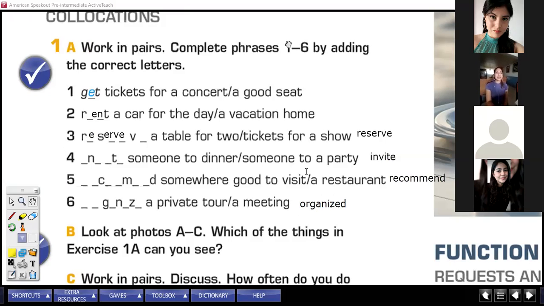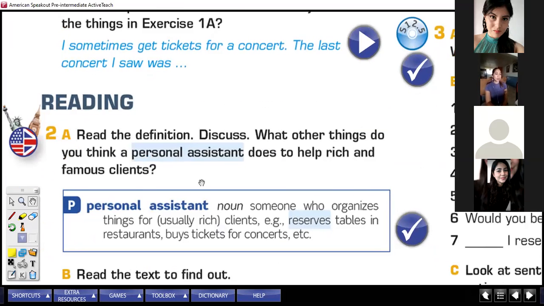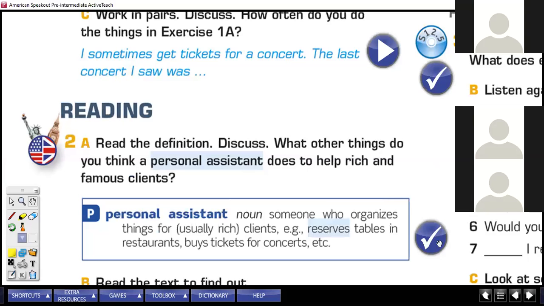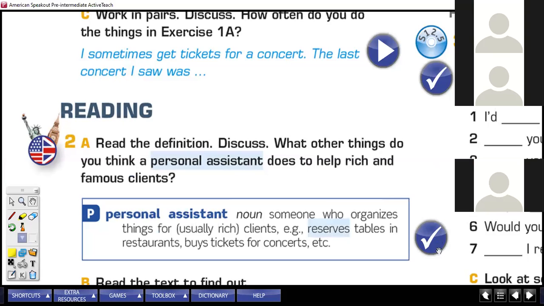So these are some of the activities that you can do when you work as a personal assistant, right? And here you have one reading about this job, personal assistant. Please, Eduardo Ramos, could you please read the definition of personal assistant?